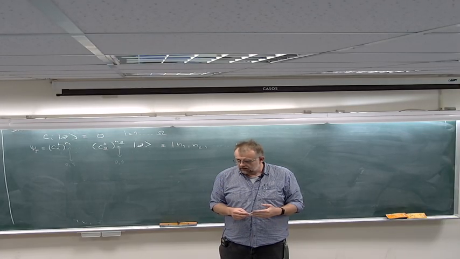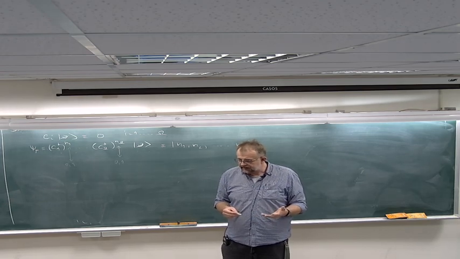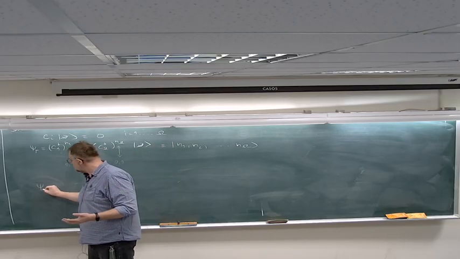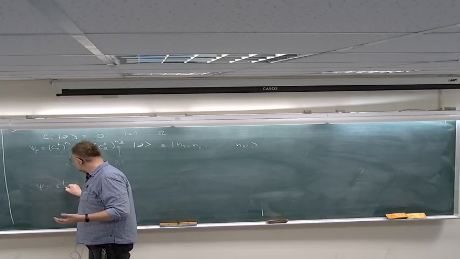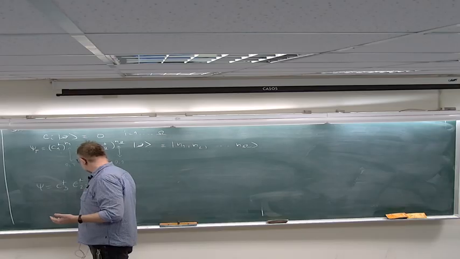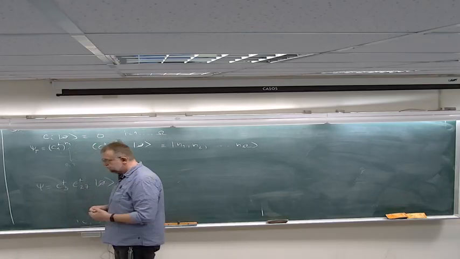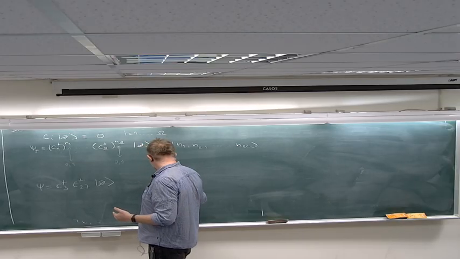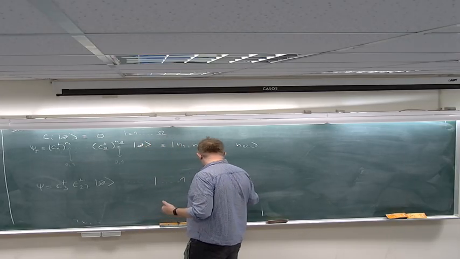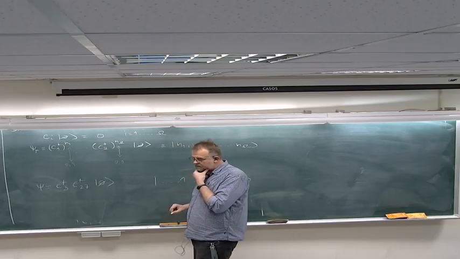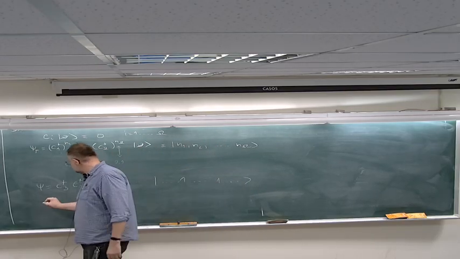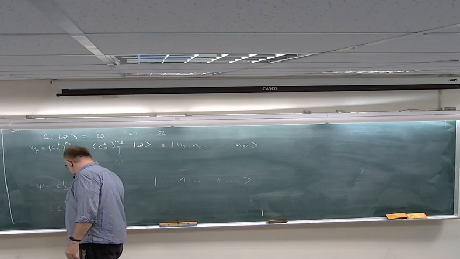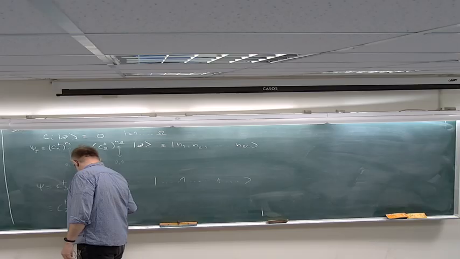Okay? So for example, this is now the case where we see the information about the statistics. I can take the state Psi, which would be C dagger 3, C dagger 27, acting on the vacuum. In the occupation basis, it will look like 1 and 1. But I can also take the state C dagger 27, C dagger 3, acting on the vacuum.